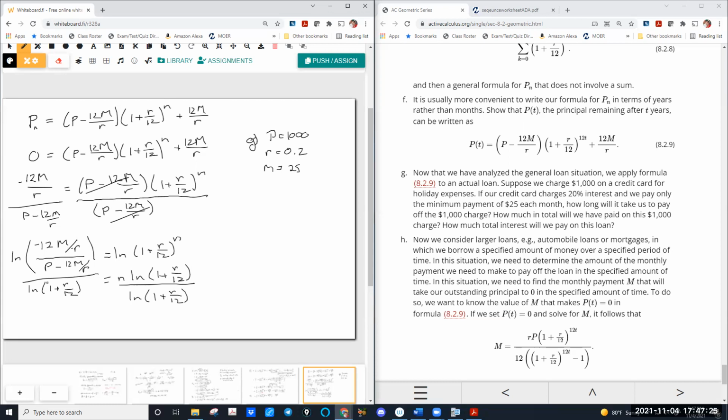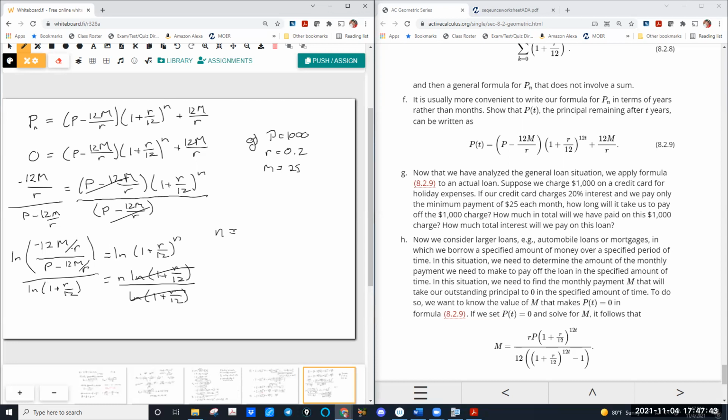So this tells us how long it's going to take to pay this off. I know it's not pretty, but we have calculators to do this. So let's see how long it's going to take us and how much we actually pay in interest.